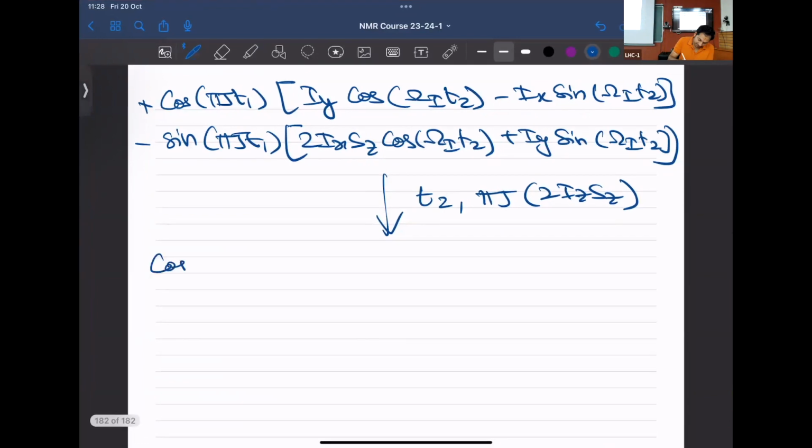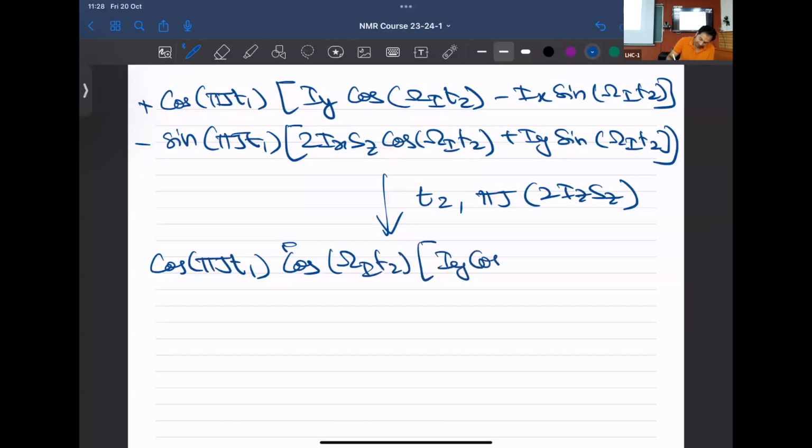So cos pi J t1 cos omega I t2 Iy cos pi J t2 minus 2IxSz sine pi J t2.